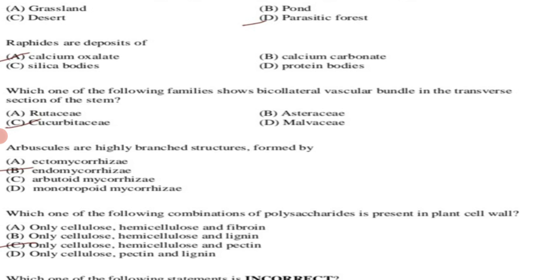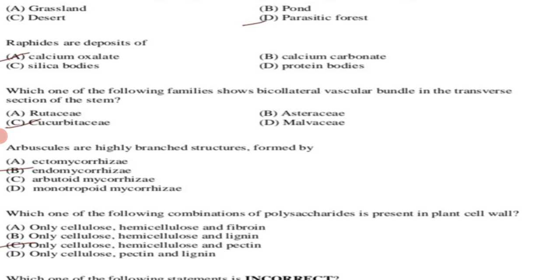This stele is made up of a number of vascular bundles which constitute vascular tissue systems like xylem, phloem and cambium. The arrangement of vascular bundles is of three types: radial, conjoint and bicollateral.